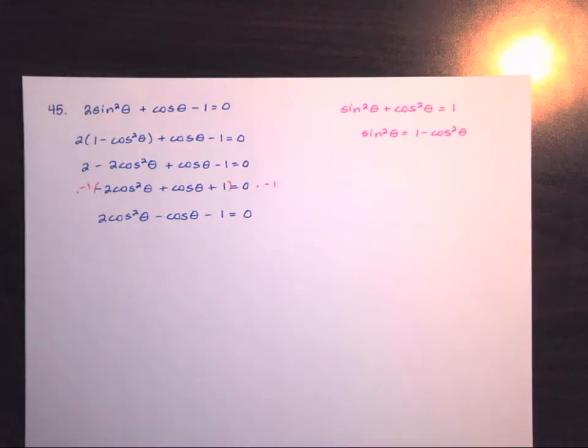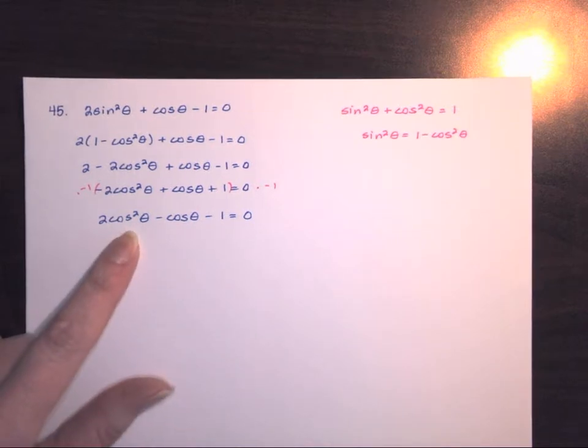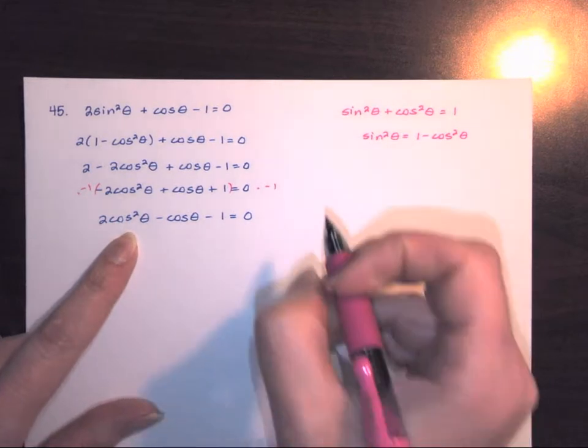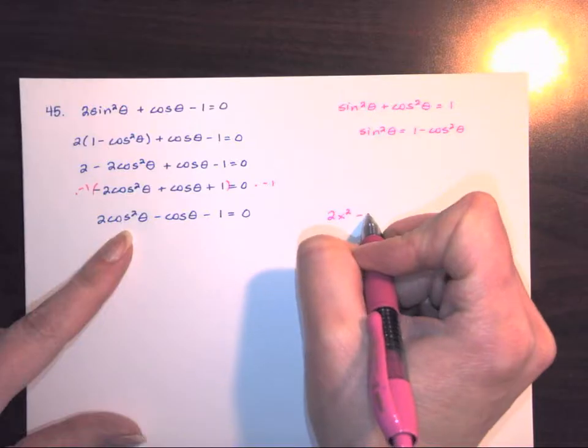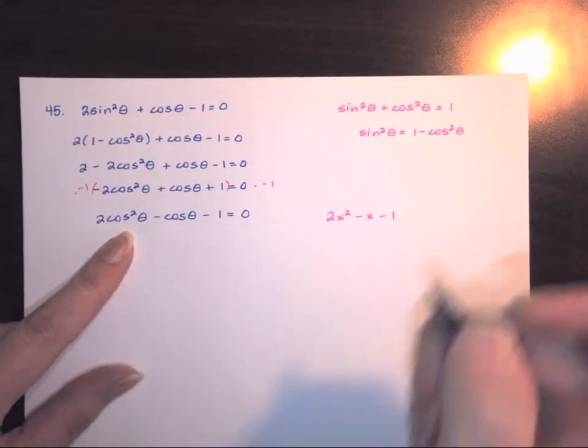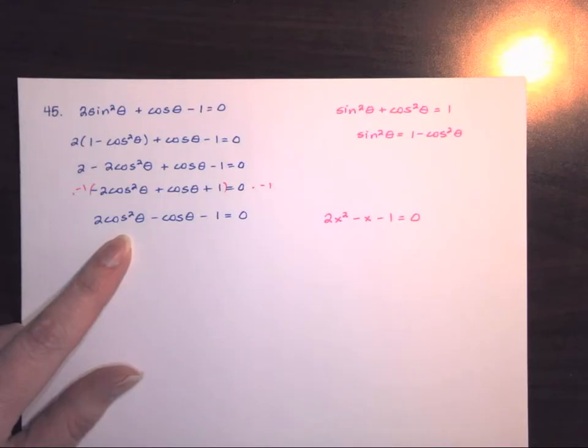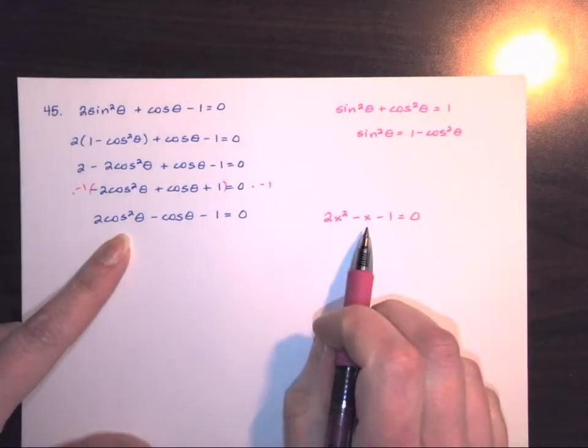Now, here's where I think a lot of you are getting stuck. Would you agree that this statement right here bears a significant degree of similarity to this? Would you agree? Okay. And we can factor this using slide and divide.